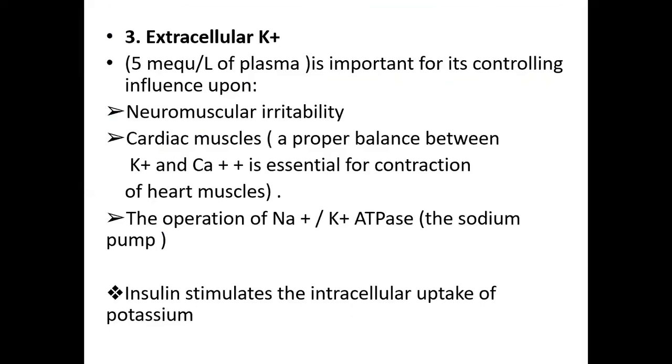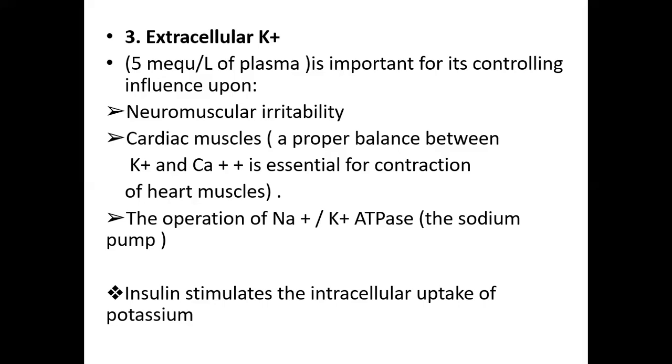Extracellular potassium, its concentration is roughly about 5 milliequivalents per liter of plasma, and it is very important in controlling neuromuscular excitability, okay, cardiac muscles, and apart from it, one important point, if we talk about insulin, whenever we administer someone insulin, we also need to keep a check on their potassium level.